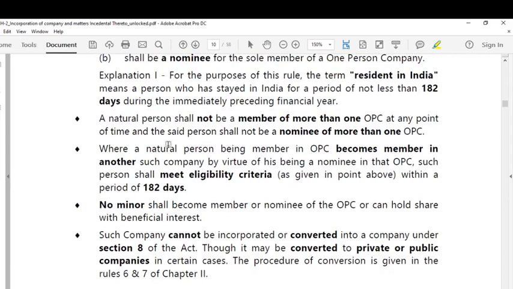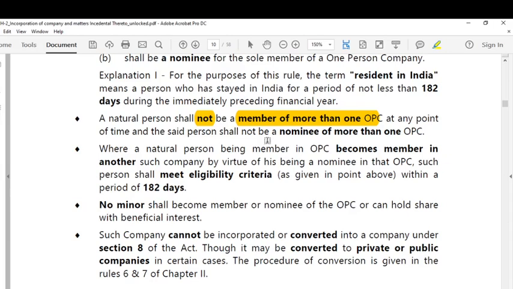And the next special provision is that a natural person shall not be a member of more than one OPC. See here. The beauty of this provision is this: a natural person cannot become a member of more than one OPC, which means to say that any person can own only one person company, not more than one.